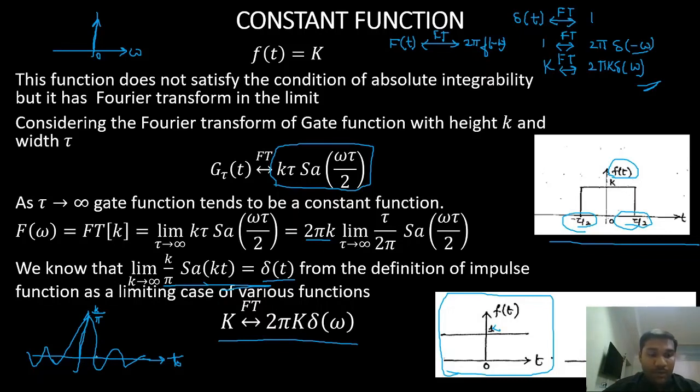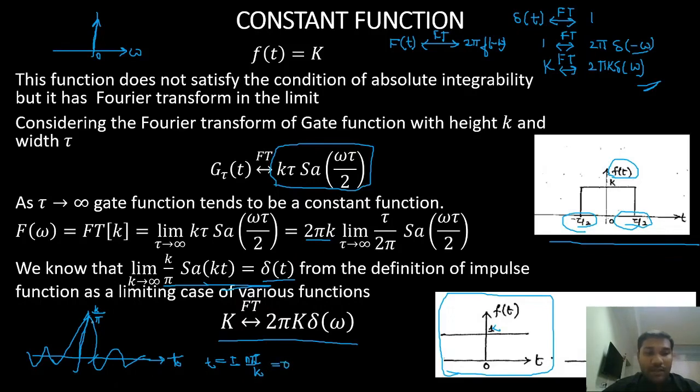Because what is the zero crossing here? Zero crossing is t equals plus or minus n pi by k. When k goes to infinity, if I substitute infinity in place of k, t is equal to plus or minus n pi by infinity, which is equal to 0.